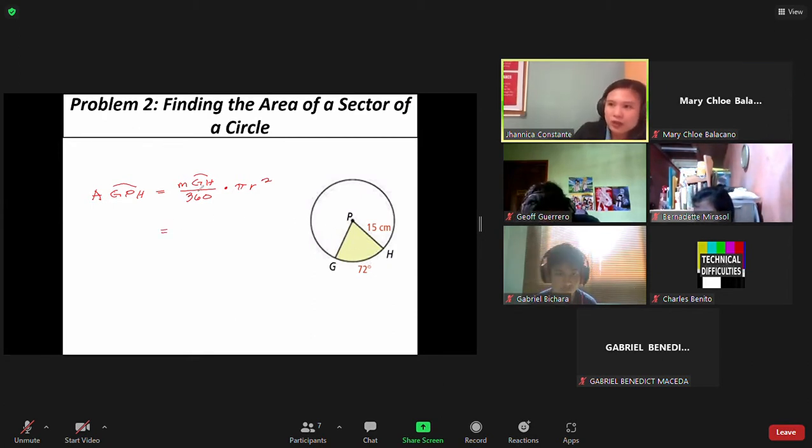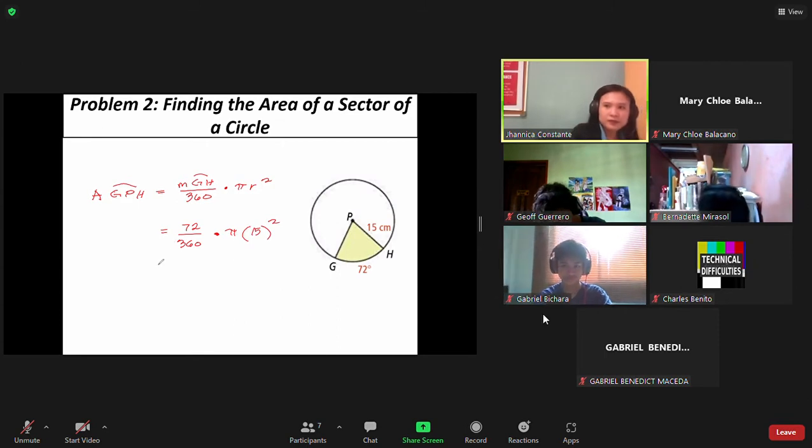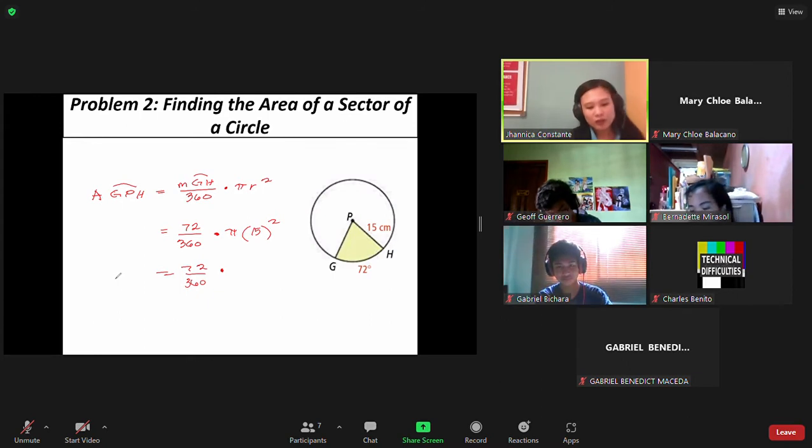So we have the measurement of the arc GH, which is 72 over 360 times pi. Our radius is 15 centimeters squared. So we have 72 over 360 times pi r squared, or pi times 15 squared.